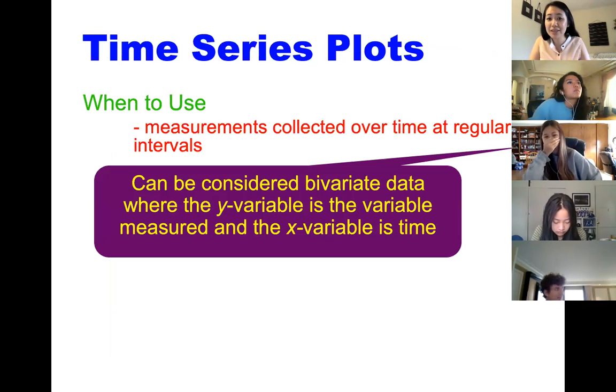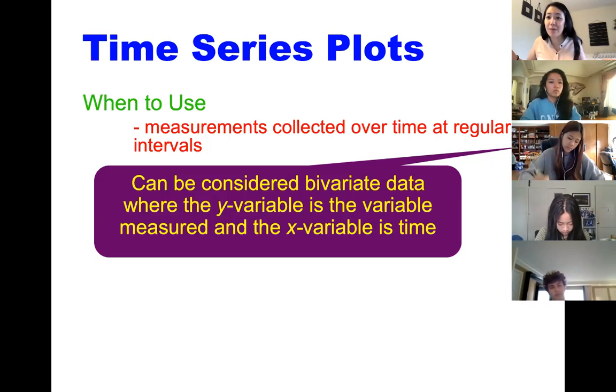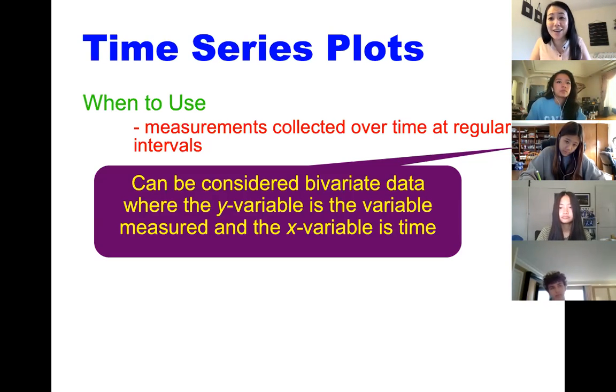The y variable is the variable that you're measuring and that you want to see change. And the x variable is always time. Time is independent of everything. Time just moves on regardless of what's happening in the world, regardless of COVID, regardless of wildfires. Time marches on.